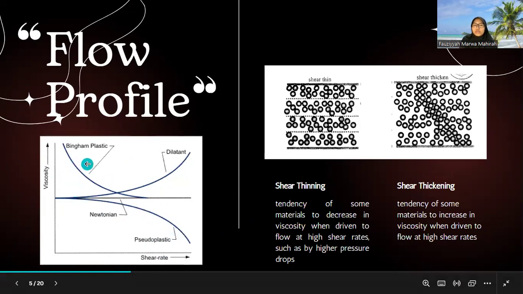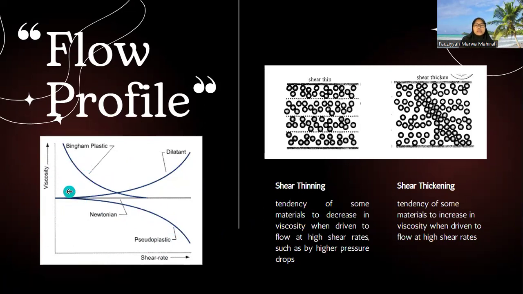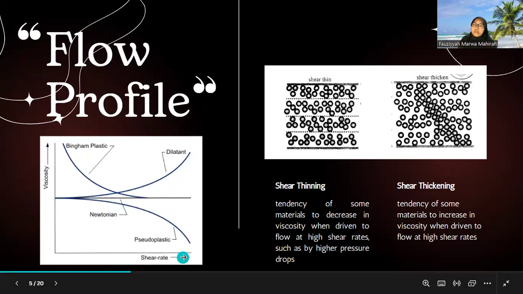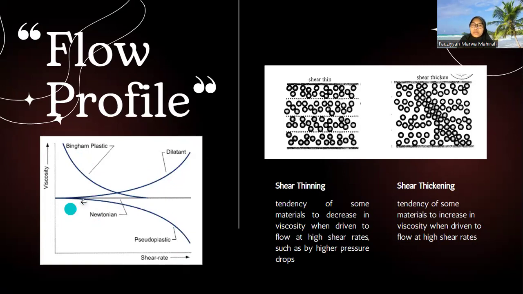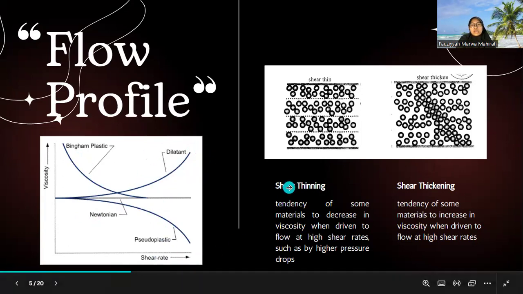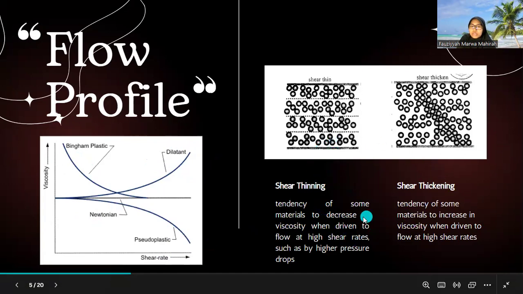So basically, for Bingham plastic, the more force you give, the more the viscosity becomes less. It's kind of the same with pseudoplastic, but with very low viscosity at the start compared to Bingham plastic. And if we're talking about dilatant, the more shear rate you give, the more viscosity it has. So there are two types, shear thinning and shear thickening.